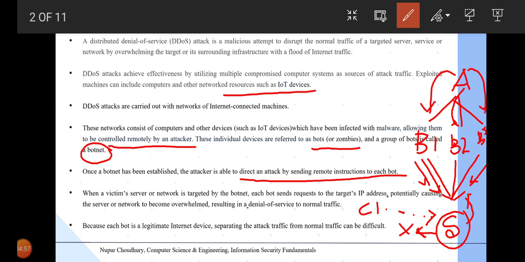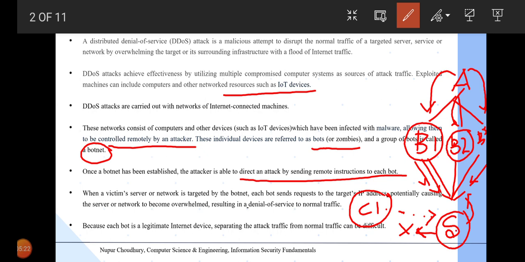Now, because each bot is a legitimate internet device, separating the attack traffic from normal traffic can be difficult. So basically, since all these bots are compromised devices, but they are genuine devices over the internet, it is basically another computer system or another remote mobile device which is similar to C1.